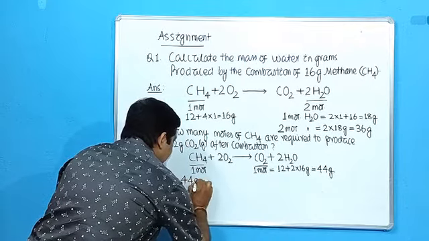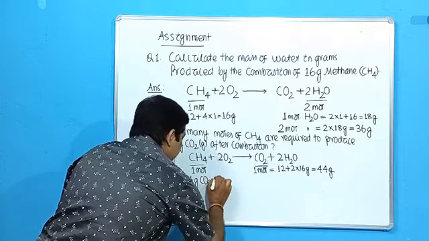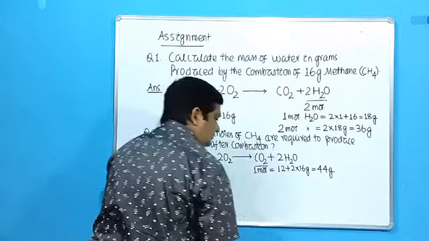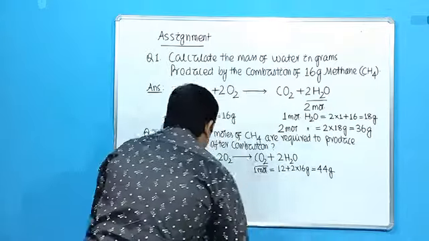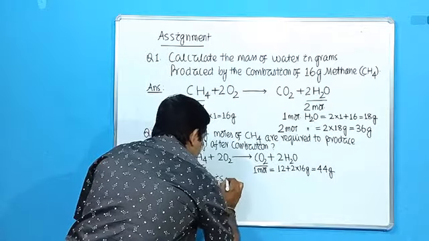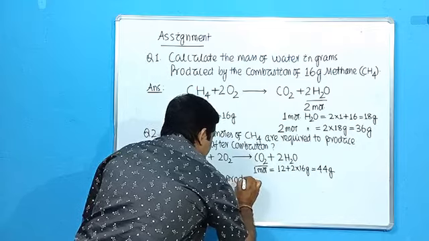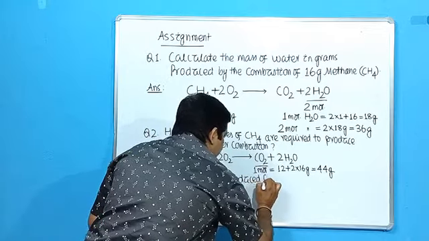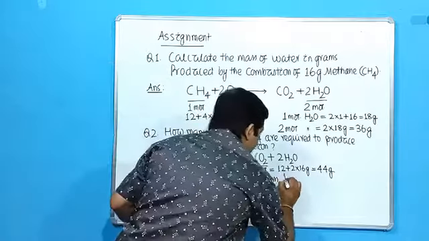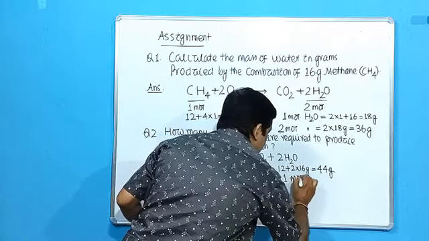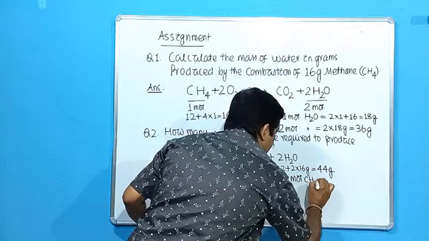44 gram of carbon dioxide is produced from 1 mole methane.